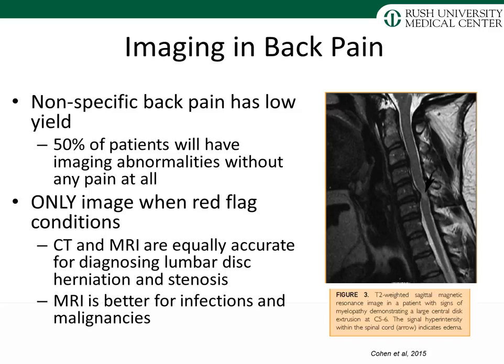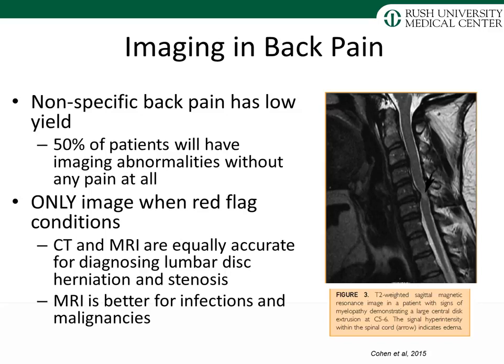So imaging in back pain has low yield when patients have non-specific back pain. The reason is that if you order an image on a patient who has no back pain, frequently, half of the time, you will get an abnormal scan. So lots of people in the general population who are healthy will have abnormalities on their scan that aren't actually causing pain.